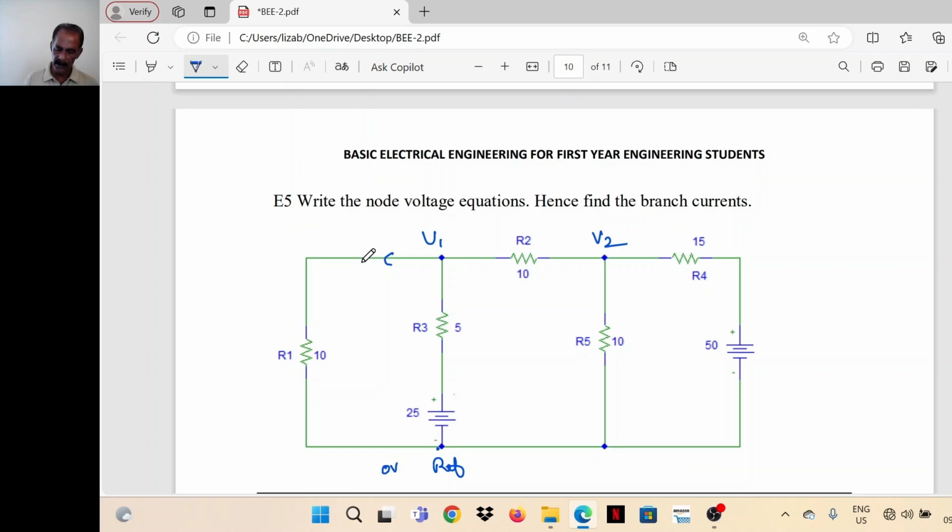So for node 1: V1 minus 0 divided by 10, plus V1 minus 25 divided by 5, plus V1 minus V2, that is this current, divided by 10, is equal to 0.